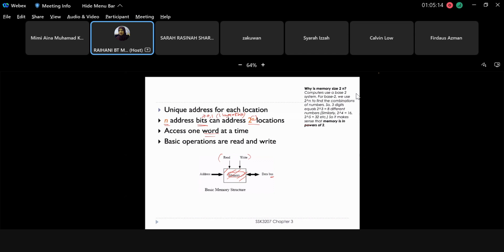So access one word at a time. So one word here actually in the 01 format.